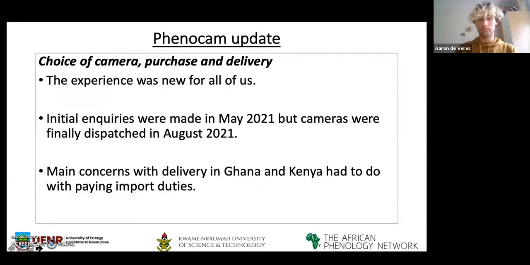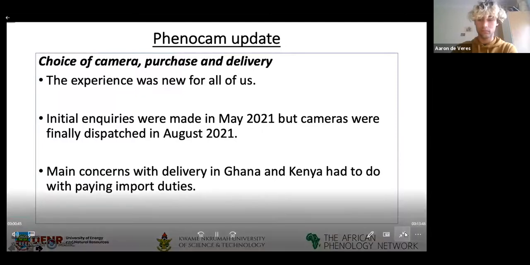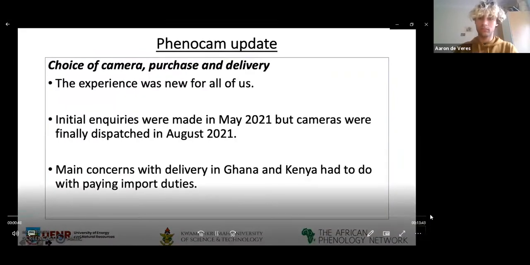And one of our objectives for this project was to conduct a capacity assessment for phenology monitoring, and this capacity assessment included the use of mobile data forms and also field trials for canopy cameras for phenology monitoring. And so this experience was new for all of us.